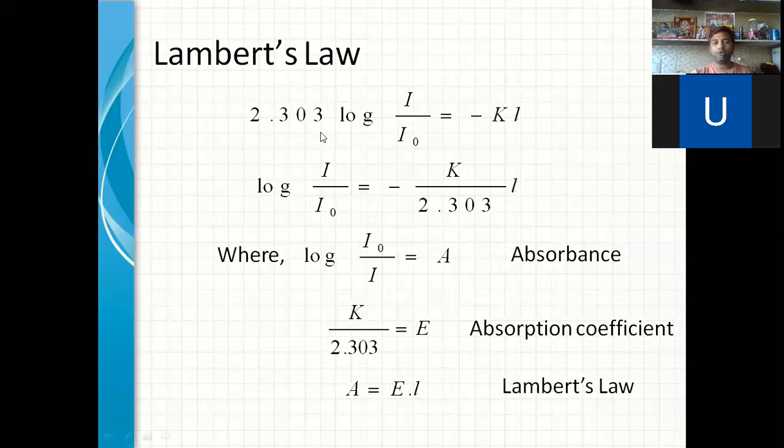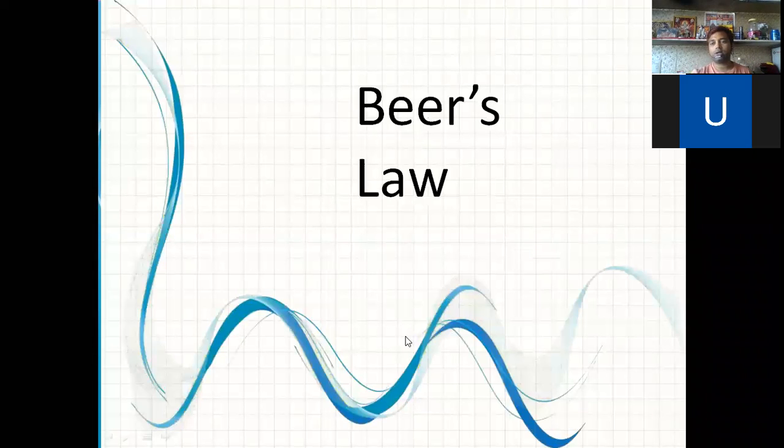Then we can remove this natural logarithm, and we get this term. Absorbance is the molar absorption coefficient into the length of the sample holder. Okay, so this is Lambert's law.